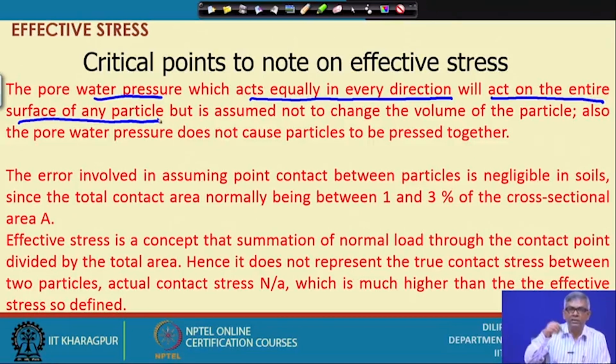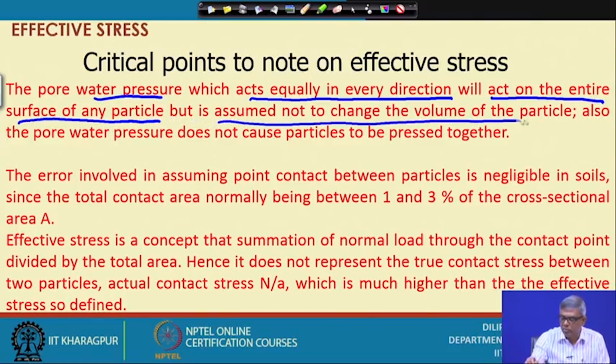There are a very large number of particles, and compared to the number of particles and volume, the contact is very less. So, the total contact area is very less, and because of that, u is assumed to be applied to the full surface of any particle, but is assumed not to change the volume of the particles.